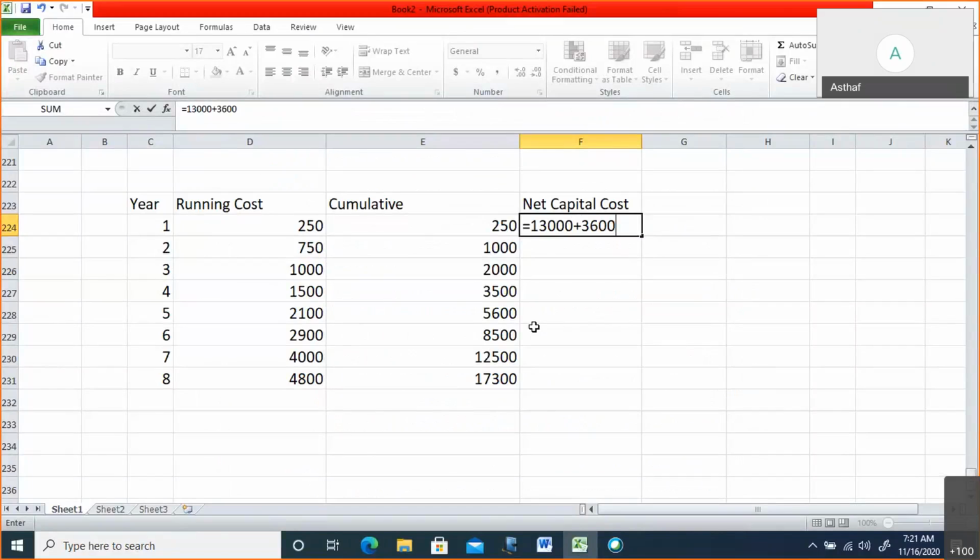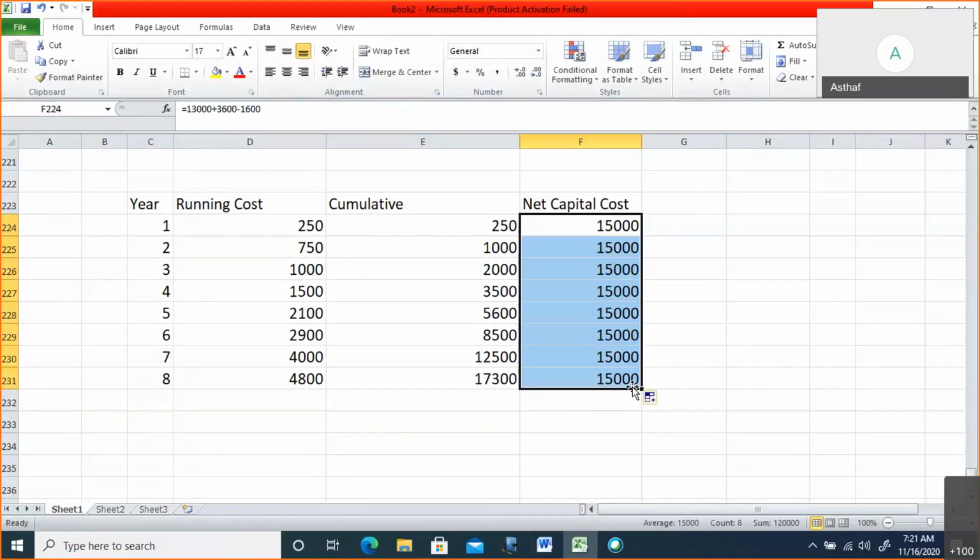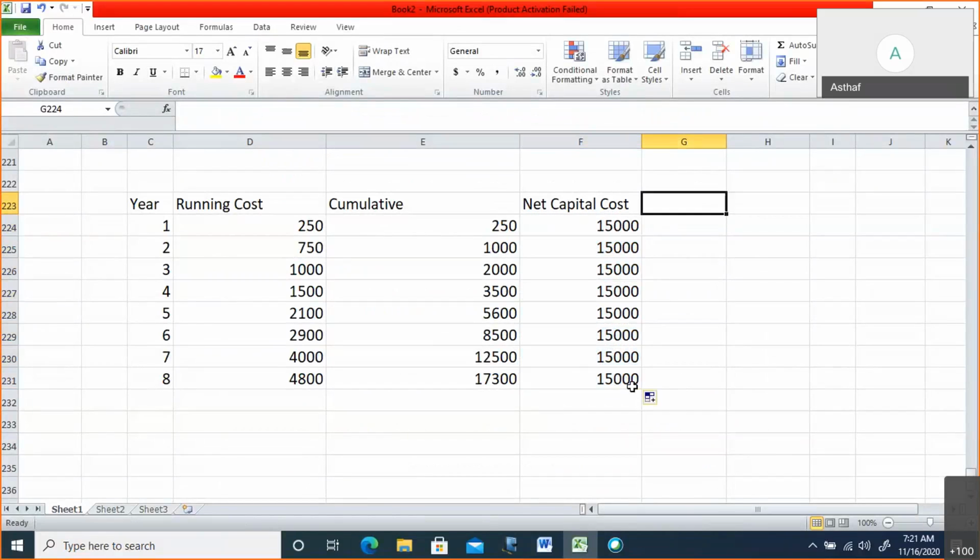Repeating once again, your purchase cost is 16,600 minus the scrap value of 1,600, which comes to 15,000. See here, you will get 15,000. This will be the same in all cases, since the scrap value you get whenever you sell is the same.